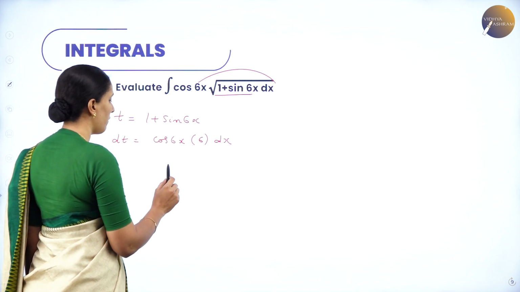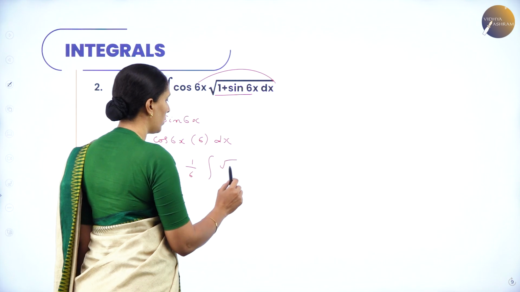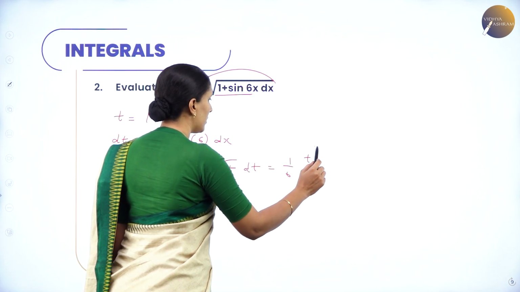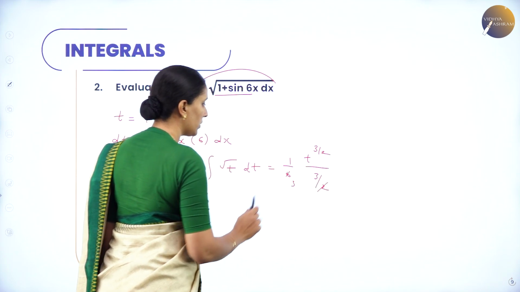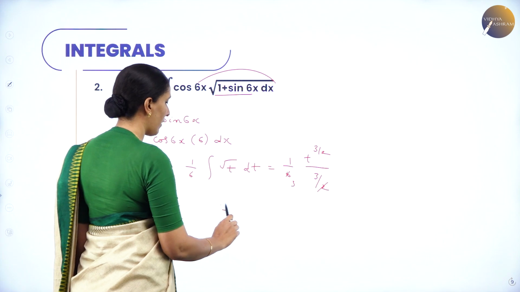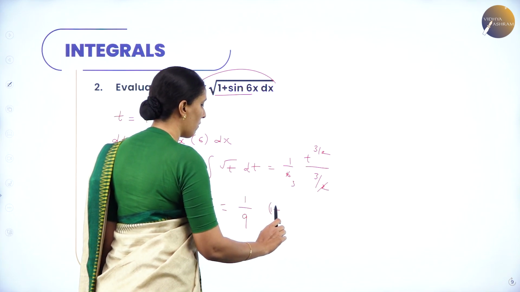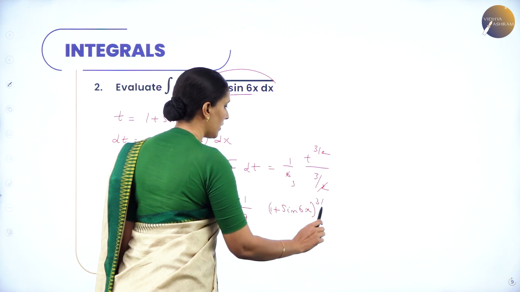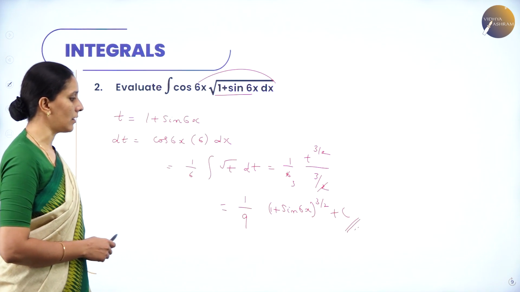So this will become 1 by 6 integration of root t dt, which is 1 by 6 t to the power 3 by 2 by 3 by 2. 2 ones are 2, 2 threes are 6. So clearly I can write this as 1 by 9, and t we have taken as 1 plus sin 6x to the power 3 by 2 plus c. So this is the value of the given integral.